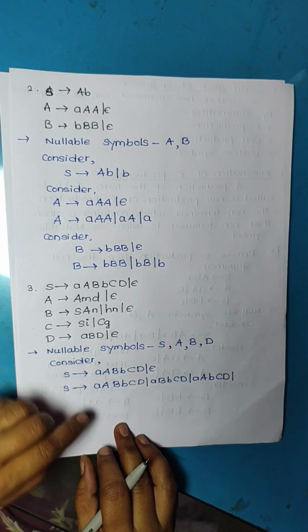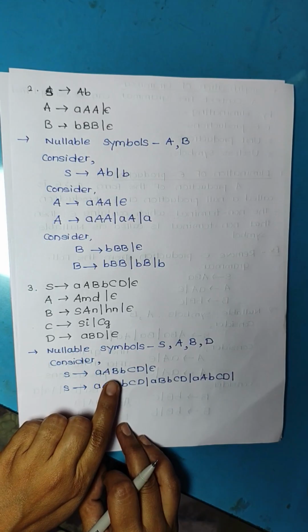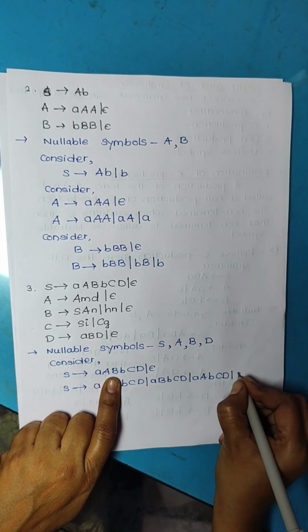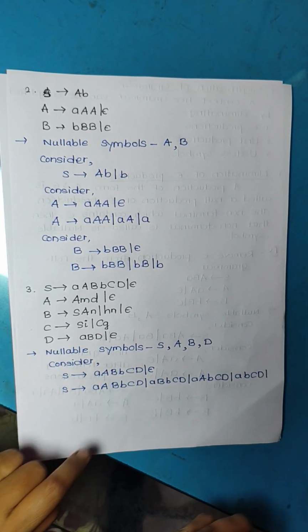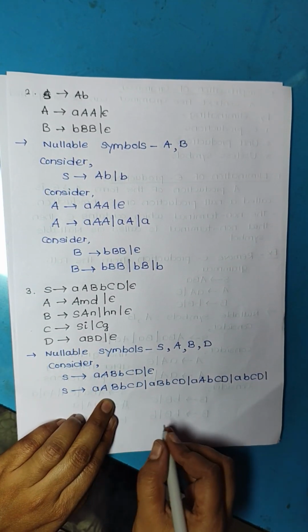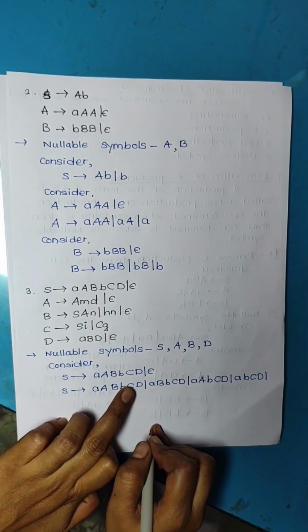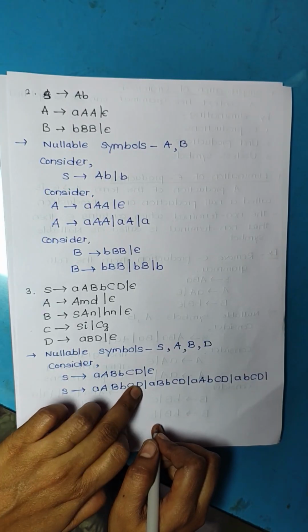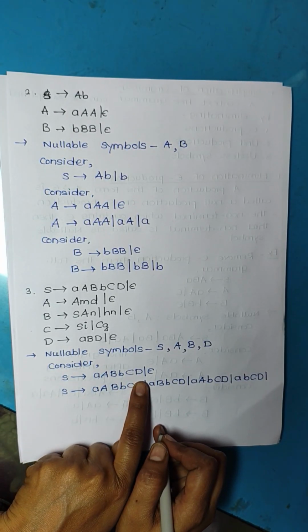Or here A and B are also nullable symbols. So instead of this A and B, we have to replace epsilon. What will be the remaining? A, B, C, D. In the next production, C is not a nullable symbol, so here we can't replace C by epsilon. But D is a nullable symbol, so instead of this D, we have to replace epsilon.